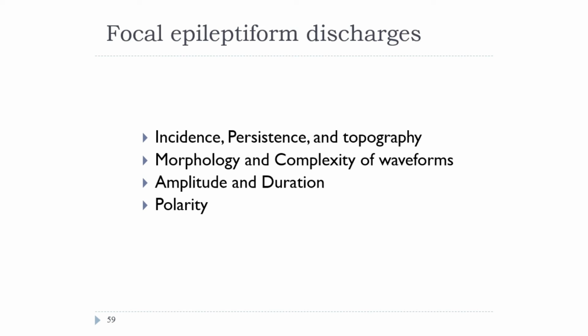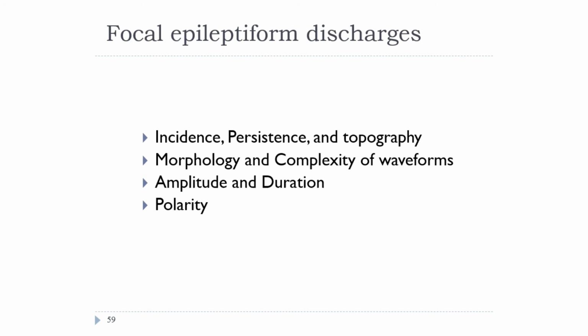Secondly, morphology and complexity of waveforms. Thirdly, amplitude and duration. An amplitude of less than 75 microvolt, duration of less than 100 milliseconds, and a biphasic morphology are more benign.